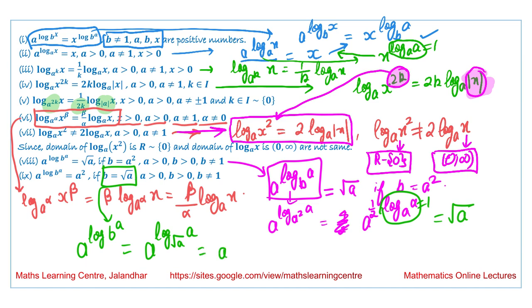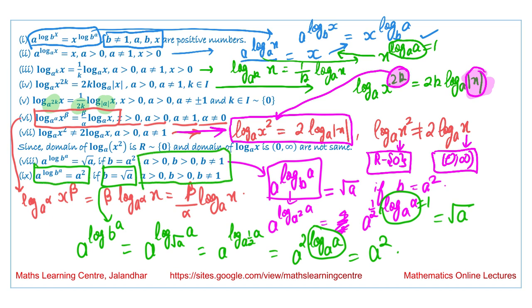This is a raised to the power log a raised to the power 1 by 2 base a, so it is a raised to the power 2 log base a of a. This value is 1. So the answer is a square. The conditions are the same in both the cases: a is greater than 0, b is greater than 0, and b is not equal to 1.